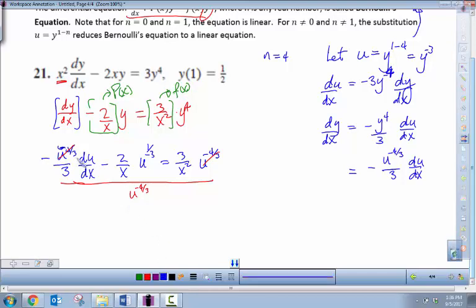So what am I going to have left here? I'm going to have a negative 1/3 du dx minus 2 over x. What's this going to be? U, I hope.